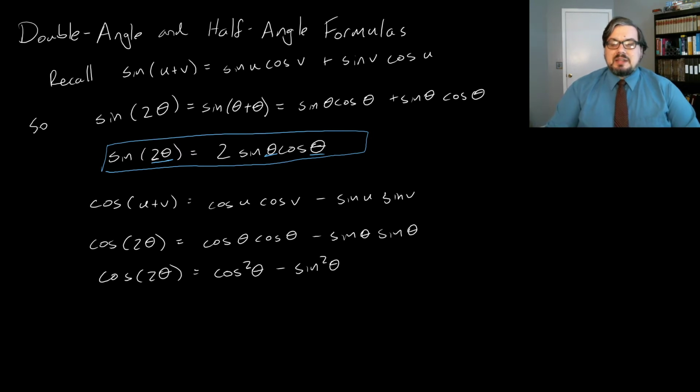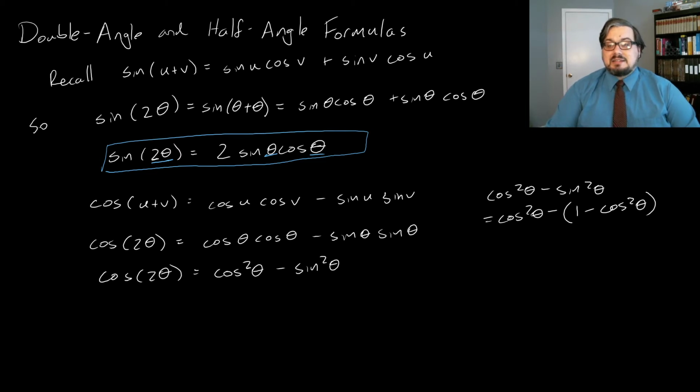We can manipulate this expression a little bit using the Pythagorean identity. Cosine squared theta minus sine squared theta can be written as cosine squared theta minus, now, sine squared theta is the same as 1 minus cosine squared theta by the Pythagorean identity, which tells us that sine squared theta plus cosine squared theta is 1 for any theta.